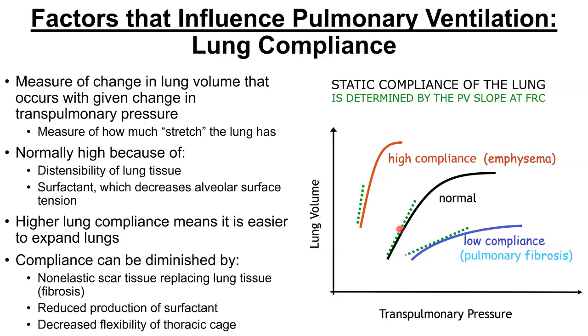So high compliance means that it's easier to expand the lungs than normal. Think about how emphysema causes this. This is the case in which the lungs stretch really, really easily, but it's not creating a huge pressure change. And so without that big pressure change, air has a hard time flowing in.